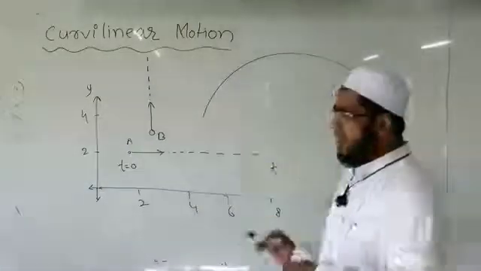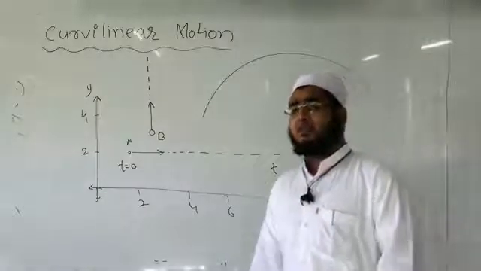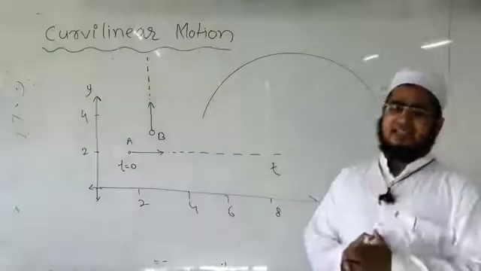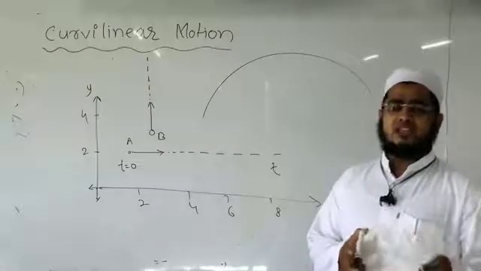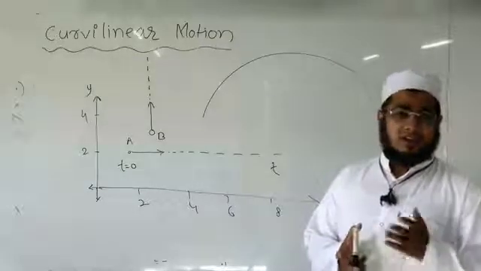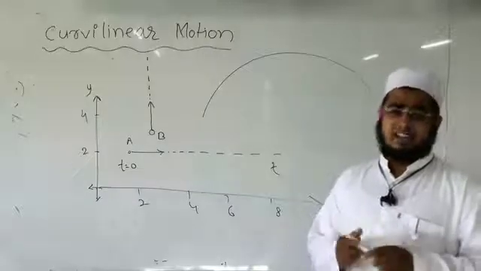From this example, we can conclude that in rectilinear motion, if the reference axes are fixed, the displacement is only in a single direction, or the position of the particle is changing only in a single direction.